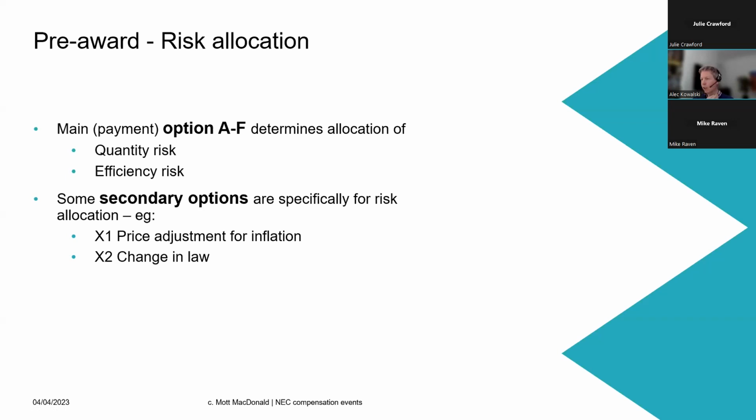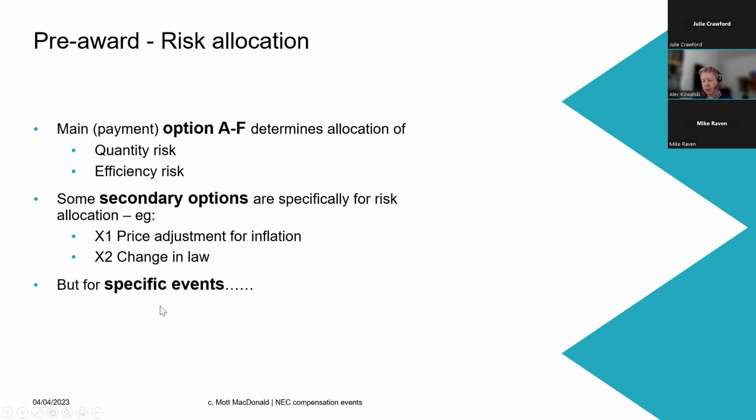If you don't select option X1, the contractor carries the risk for inflation, and their prices will reflect that. So if you say, no, I want a keener price, and I want the client, us, to take the risk of inflation, you include option X1. And so on and so forth. There are a lot more options you can choose, and you can allocate risk accordingly.